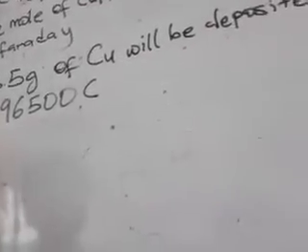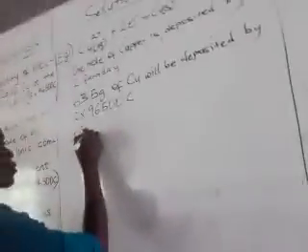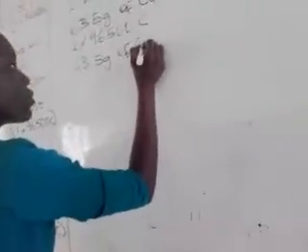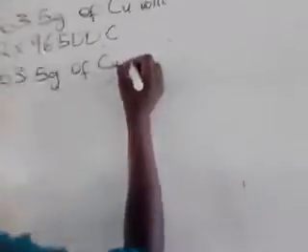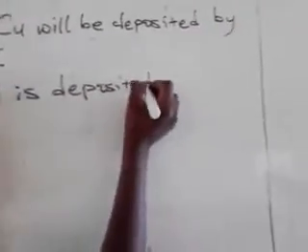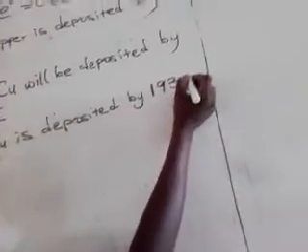In the next line, we write 63.5 grams of copper is deposited by 193,000 coulombs, because 2 times 96,500 coulombs is the same thing as 193,000 coulombs.